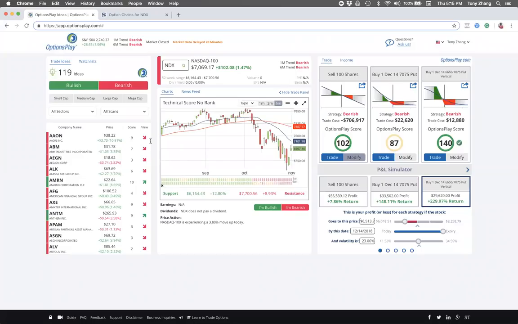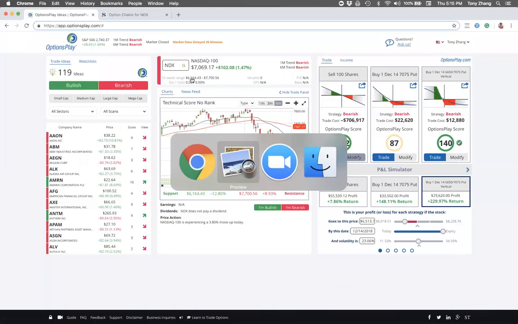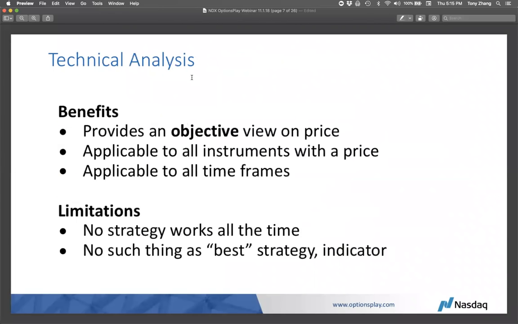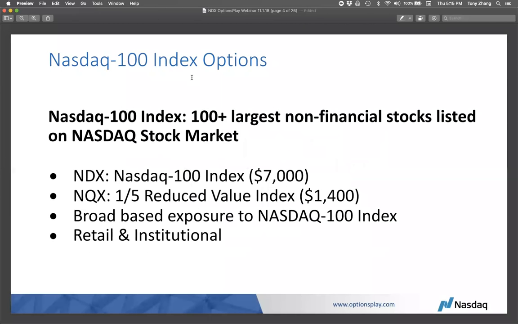Great question. There's a question here: how does this compare to buying the QQQs? So from an index perspective, they are attempting to track the same thing. Just the QQQs are an ETF that's listed on the index. Like I said, there are some benefits to trading NDX versus the QQQs. They are obviously different contract sizes. So that's the thing that you have to figure out as to what's best for you.